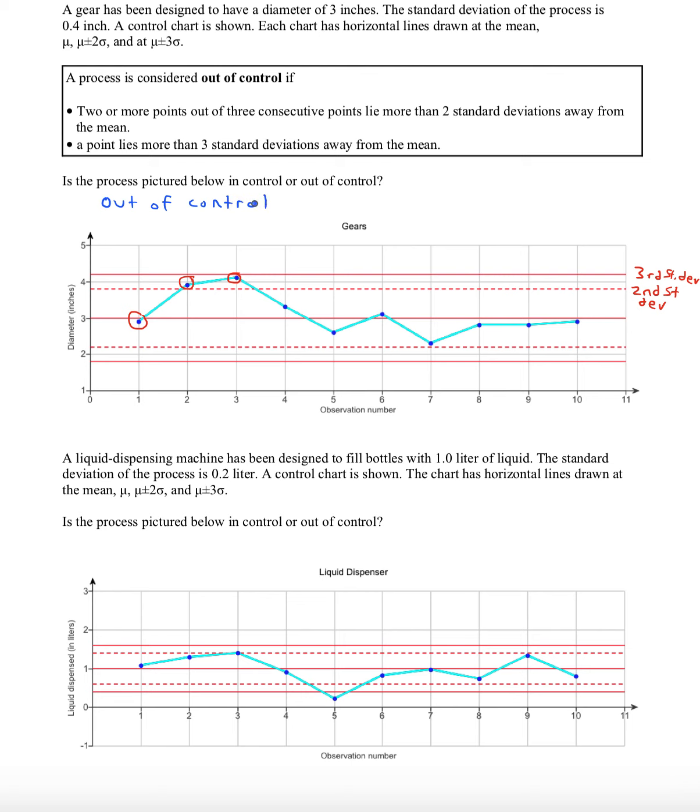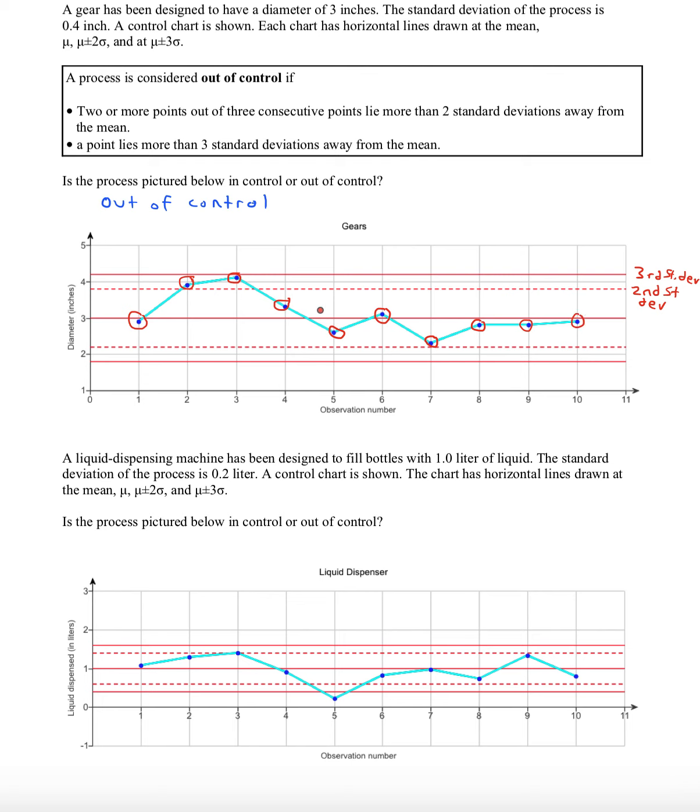I mean, it's true that the process did come back here. This is a good gear, close to the mean. Here, this one's close to the mean, somewhat. This one's very close. And this one's almost 2 standard deviations below. But there were a lot of good gears that were made.